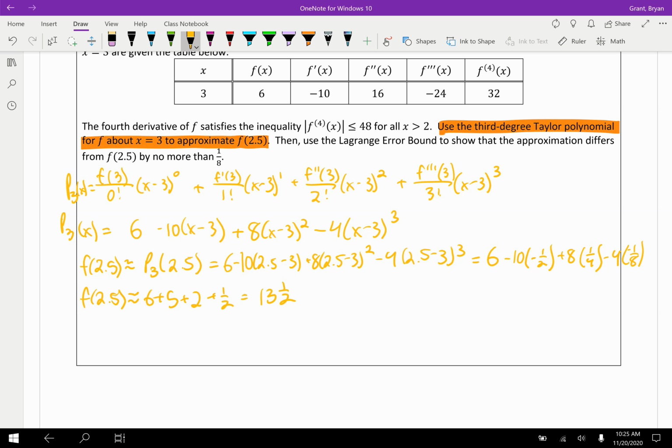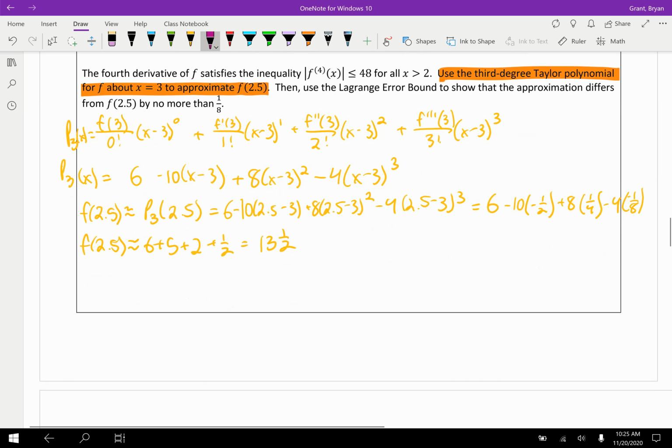Now we need to use the Lagrange Error Bound to show that the approximation differs from the actual value of f of 2.5 by no more than 1/8. All right, well, Taylor's theorem says that if we use the very next term that we haven't used, and you might have to write small here, but you'll survive, the very next term that we haven't used is the fourth derivative evaluated at something over 4 factorial times, what are we plugging in? 2.5 minus 3 to the fourth.